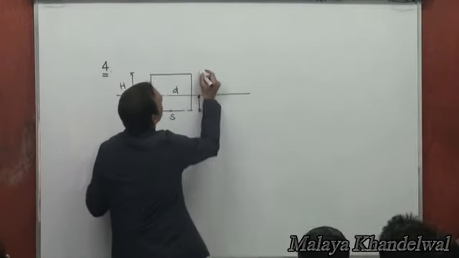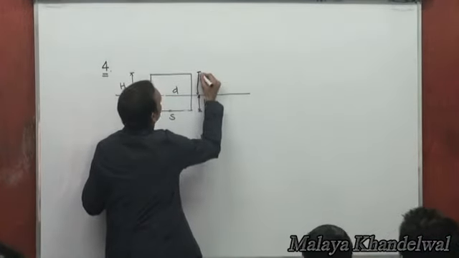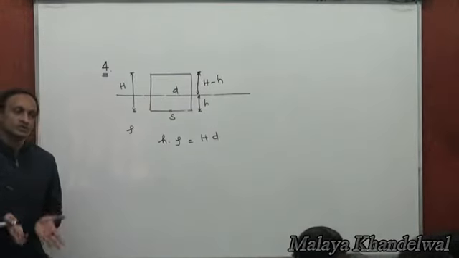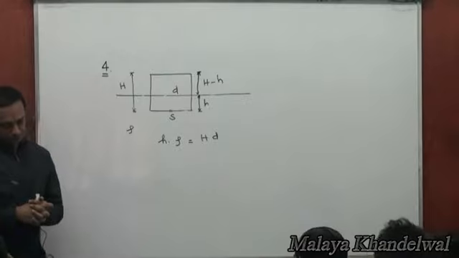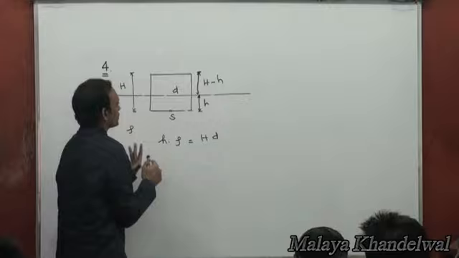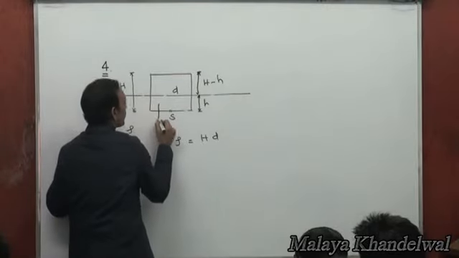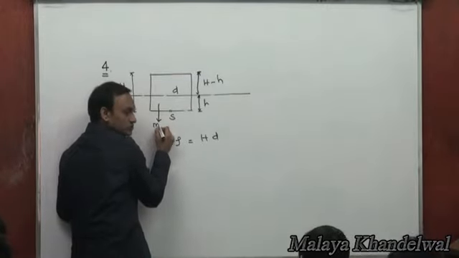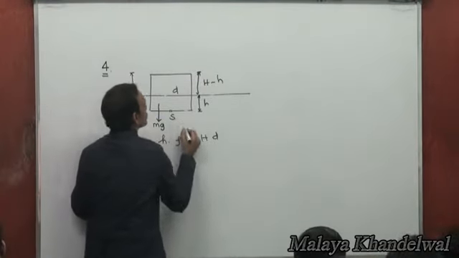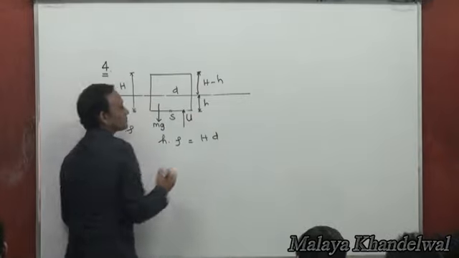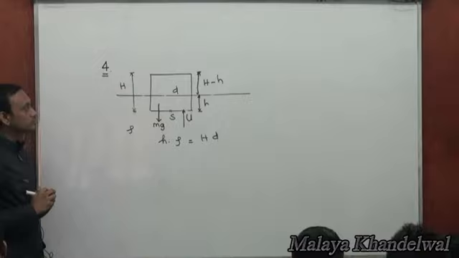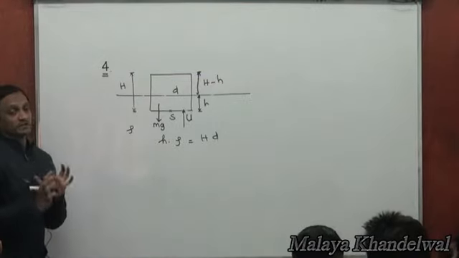There is part of it which is jutting out, which is H minus small h. In a situation of this kind, the forces acting on it are weight acting downward, mg, and upthrust acting upward, and they balance each other.